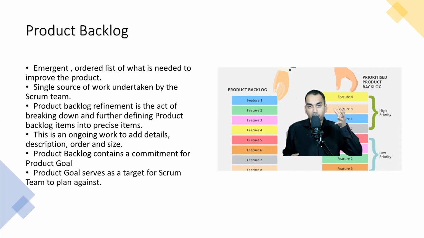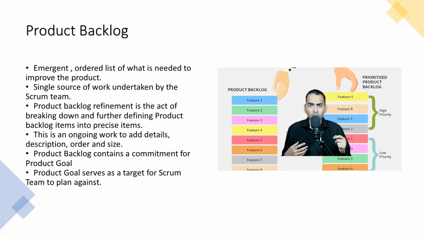If the product goal and product backlog are not aligned, then it's the responsibility of the product owner to align them first. Otherwise, it might be possible that you created a very good product backlog, but if it doesn't serve the product goal, then it will be an obsolete product backlog.